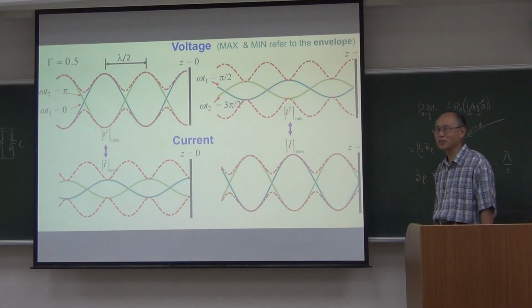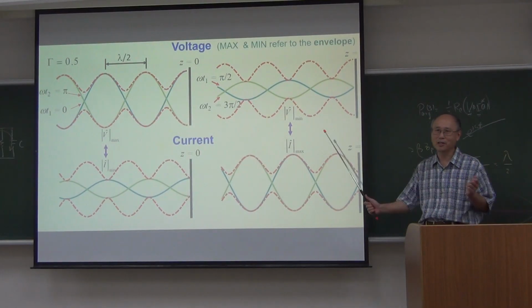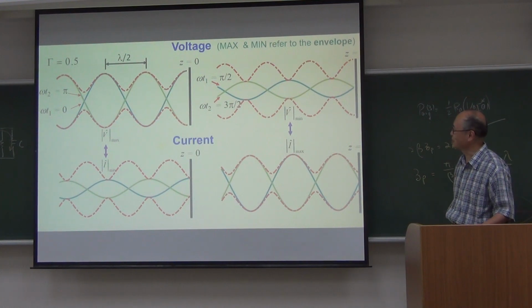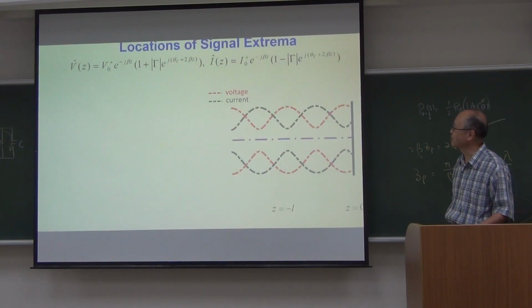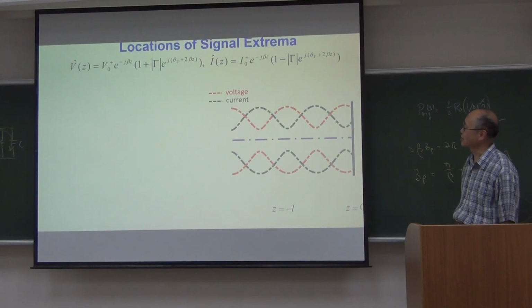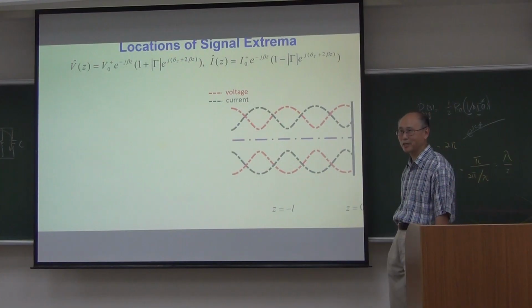So whenever you get a chance to do your presentation, draw something instead of writing a lot of formulas. That would be easier for people to understand your presentation. Okay, the location of the signal extrema, maxima and minima, is then about calculation.